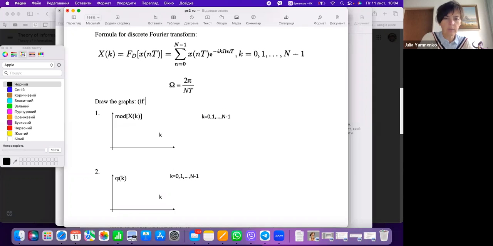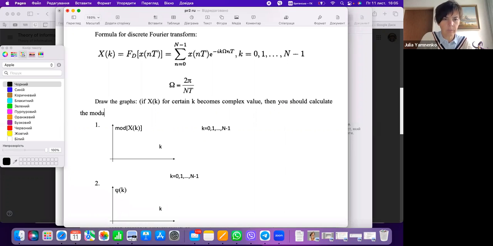So if x from k for a certain k becomes a complex value, and it could be, then you should calculate the module of this complex number.